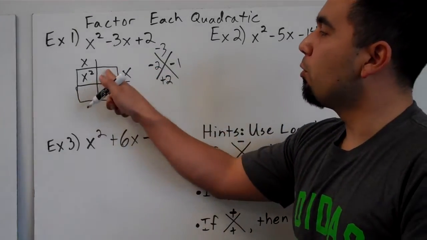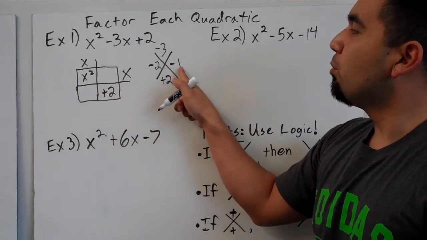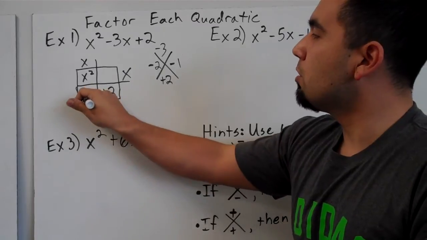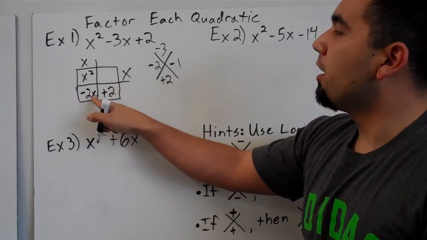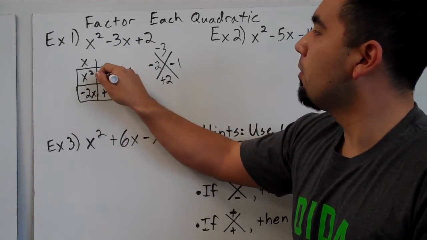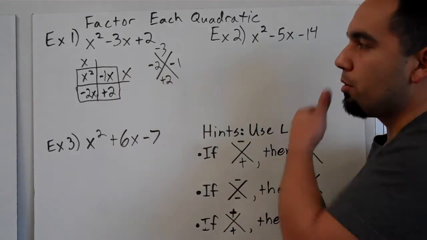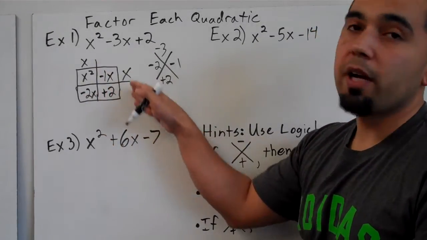And again, it doesn't matter which place I put these. I can put the negative 2 here or here. I can put this negative 1 here or here. I just have to choose which one I want to do. So I'm going to put the negative 2 here, and again, I know that this should have an x in it because it always makes my middle term, right? And that one should be a negative 1x. Now that I have the inside filled, I can finish my outside.